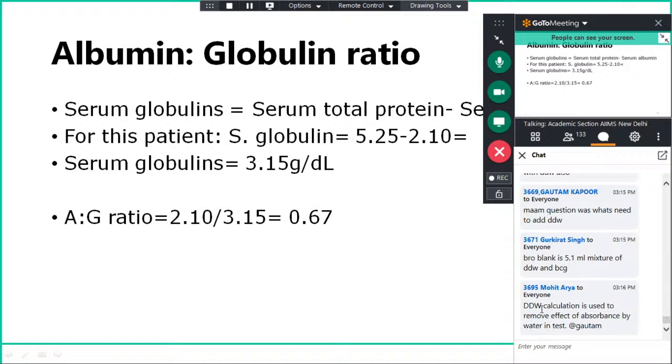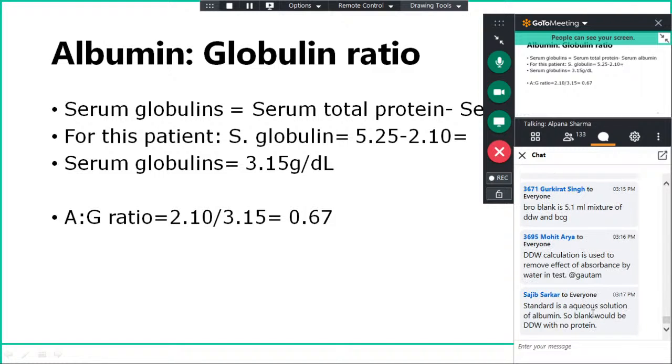We are adding double distilled water, 0.1, to make the whole volume. So this is a case of hypoproteinemia with hypoalbuminemia with decreased AG ratio.